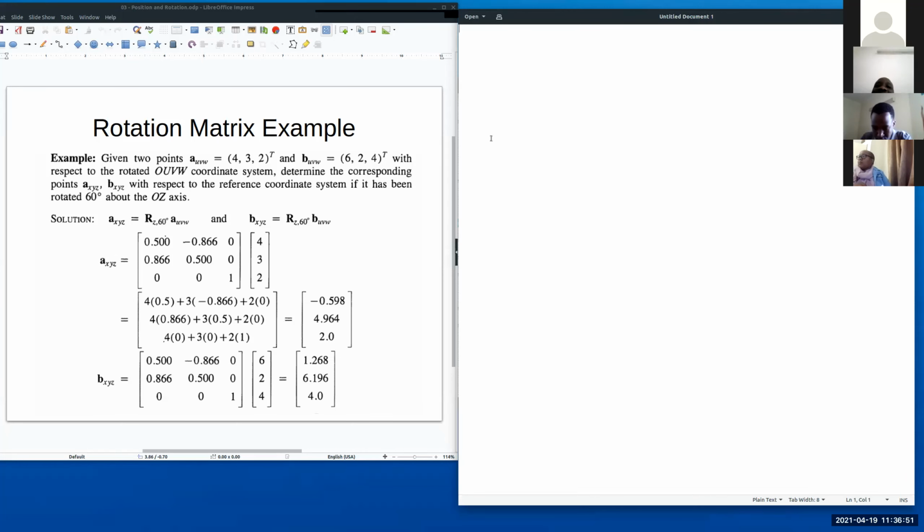Okay, so now you have exactly the same rotation of the U, V, and W axes from the X, Y, and Z axes. So we still draw the same frame of reference. You have X, Y, and Z, and the OUV coordinate system, the rotated coordinate system.